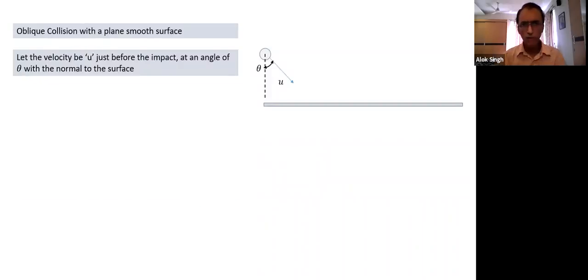Let's briefly look at something called oblique collision. The simplest example of oblique collision is a ball striking a floor at an angle. Just before the ball collides, its velocity is v, and it makes an angle theta with the common normal, which is my line of collision.